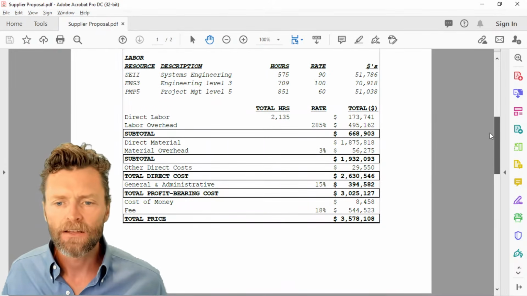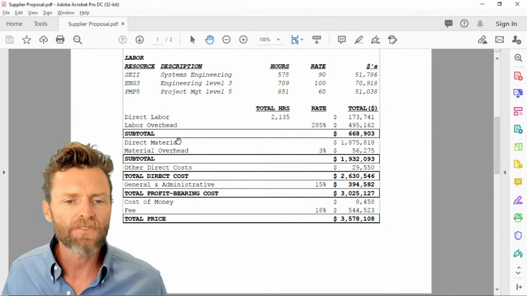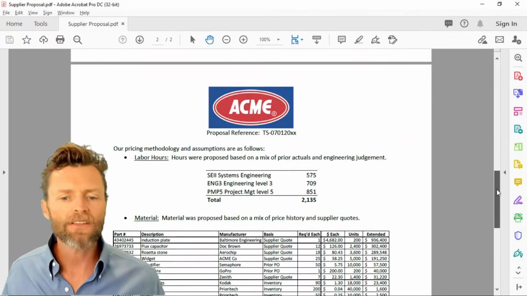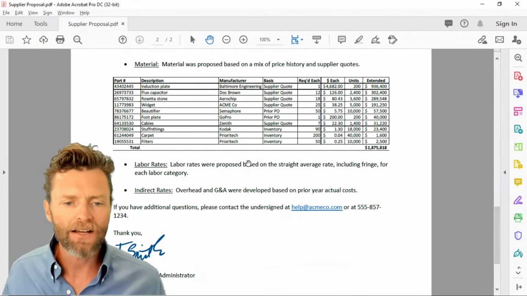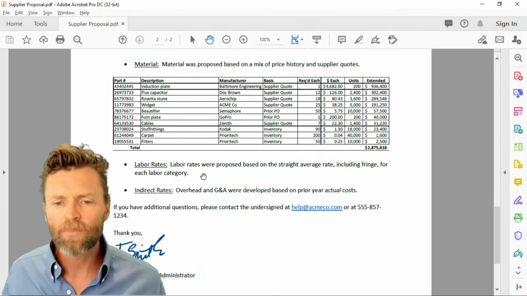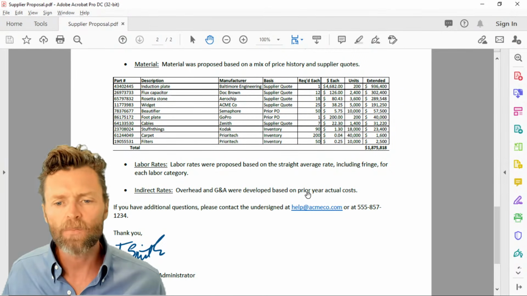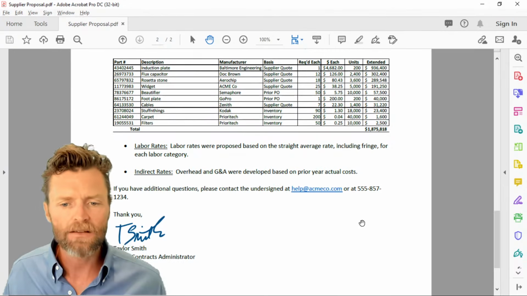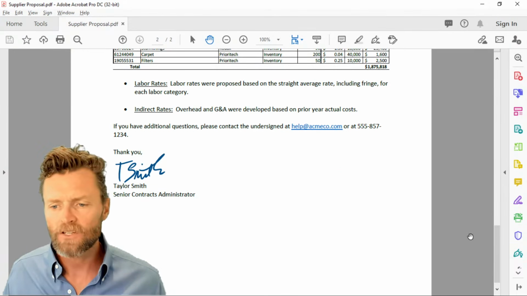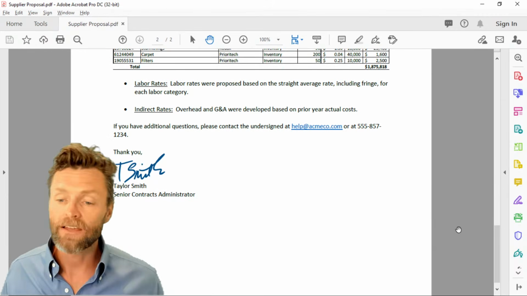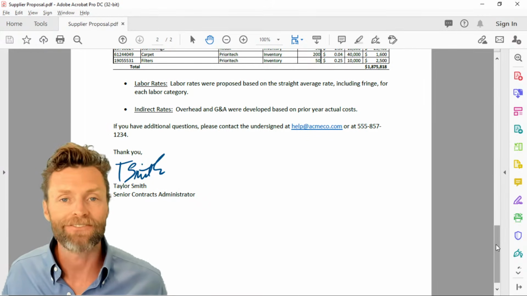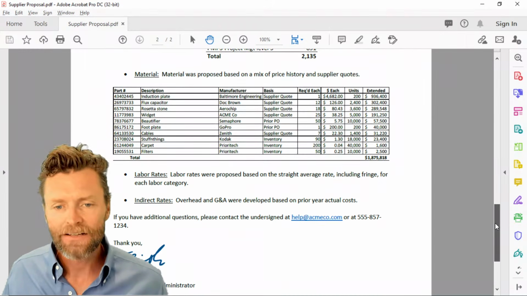Let's look at how that works. 1,875,818 for direct material. Great. So everything seems to tick and tie. They've got some labor rates proposed on straight averages, including fringe. Great. Indirect rates developed based on prior year actuals. Awesome. And I've got some contact information. And okay, that looks like all that I have for the proposal.